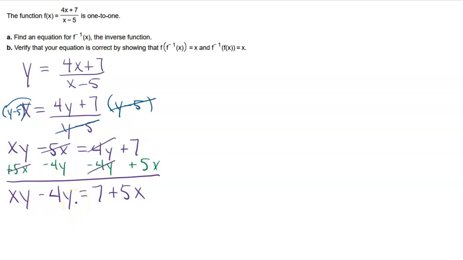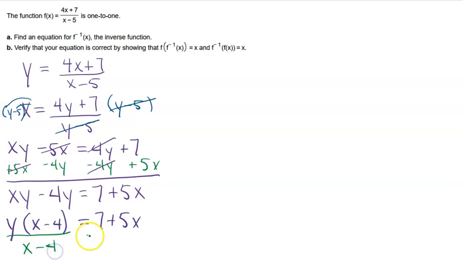I can't because I've got two different terms with y in them. I'm going to factor. Okay? That's going to give me x minus 4 on the left and 7 plus 5x on the right. Now finally, my last step to solve for y is I want to move this x minus 4. It's being multiplied by y, so to undo that, I need to divide.